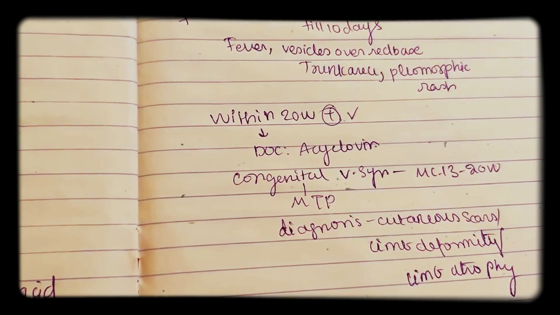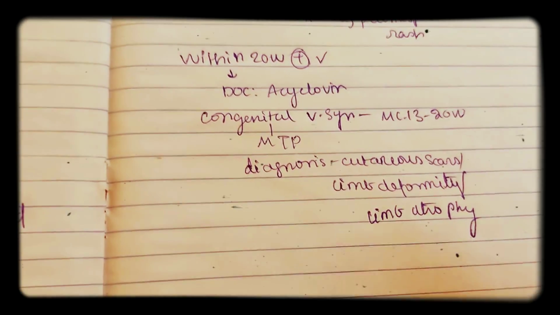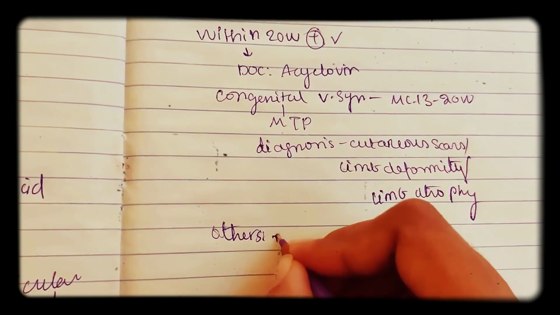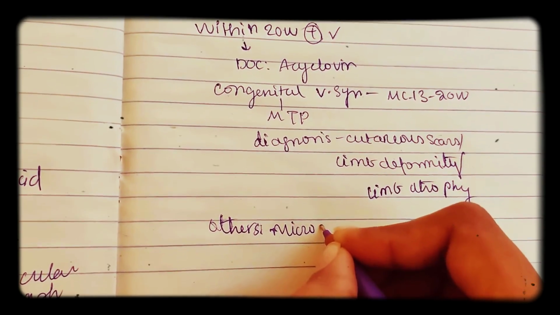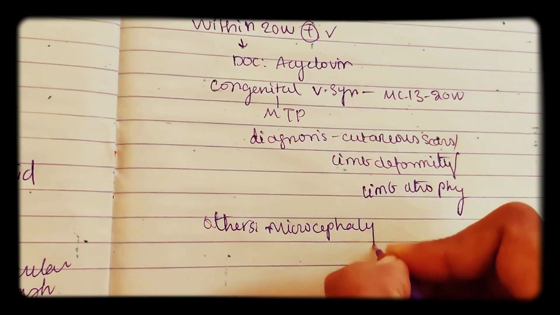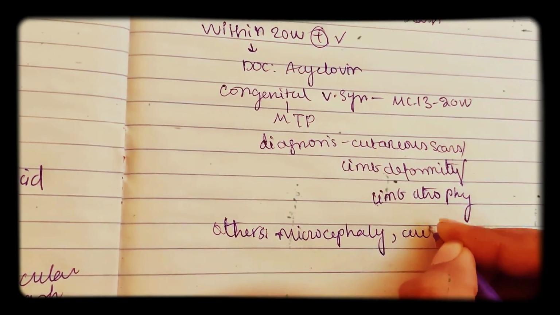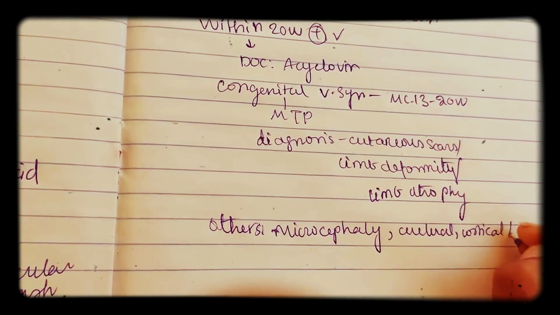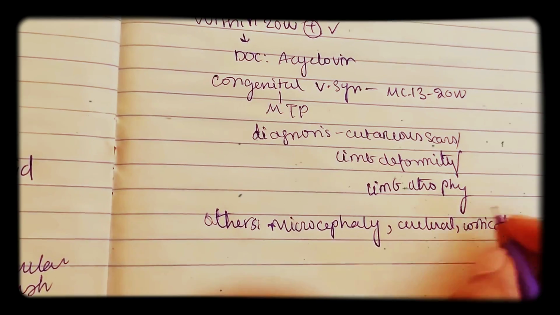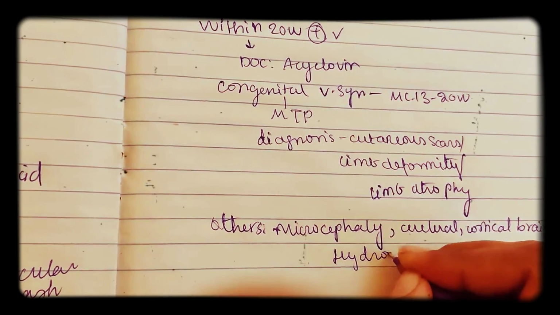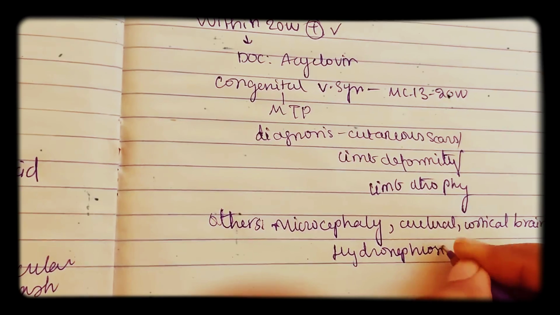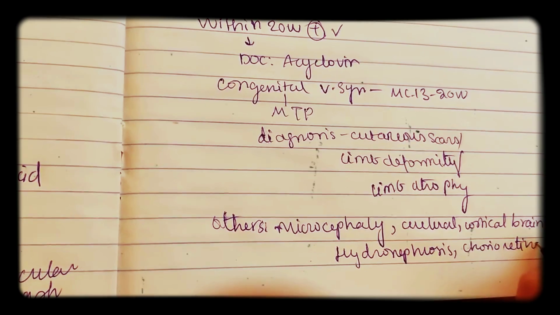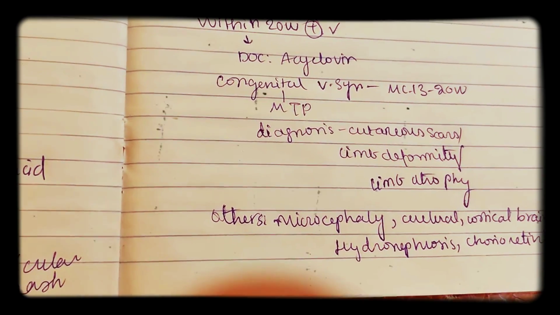Now coming to other features, the other features will be microcephaly, cerebral cortical brain damage, hydronephrosis, and chorioretinitis. So these are the different symptoms which we see in varicella zoster.